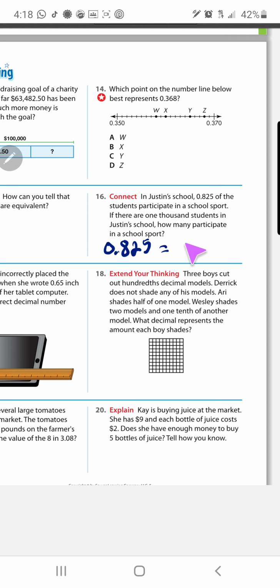That is like saying that 825 students out of 1,000 students participate, which is what the decimal represents. So it's kind of easy if you look at it that way. How many students participate in school sports? Well, that's easy. It's 825 out of those 1,000. All right. Let's move on to the next part.